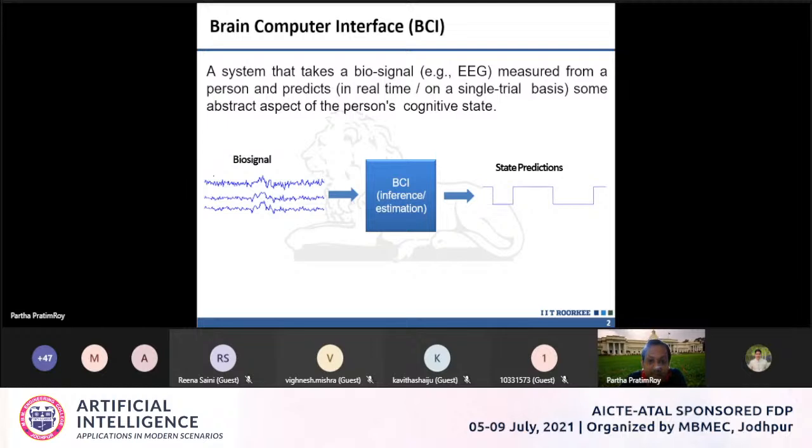He will be very much interested, attentive. Those kinds of cognitive states, brain states, will be reflected in the EEG signals.